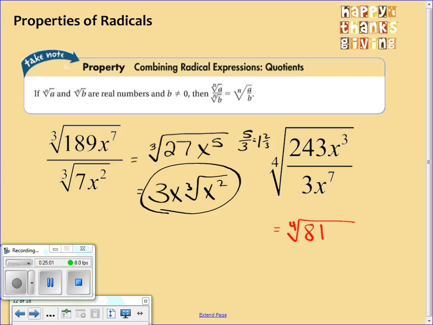You never would have guessed that? I don't think it was a guess. 24 divided by 3 is 8, and 3 divided by 3 is 1. That's how I do all of my math.